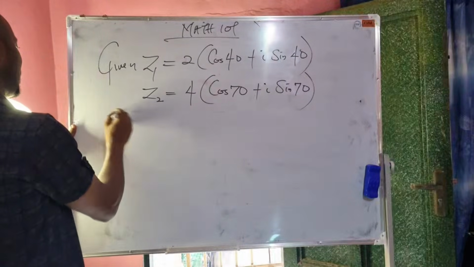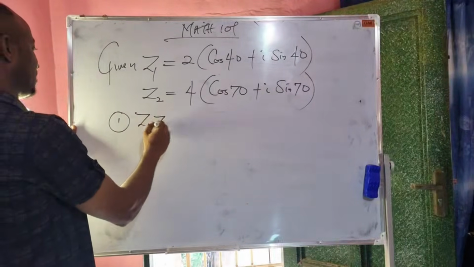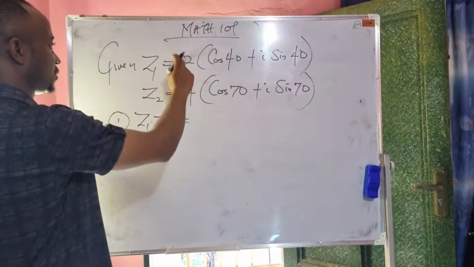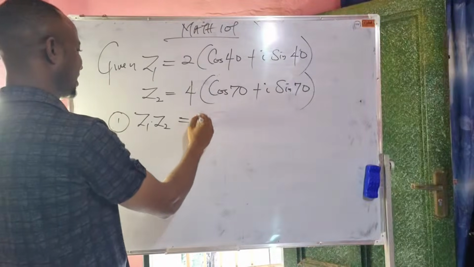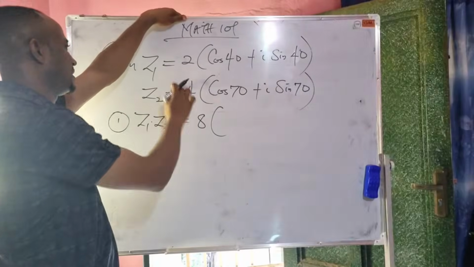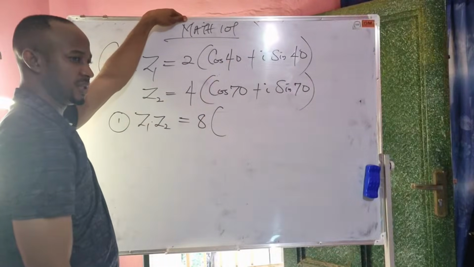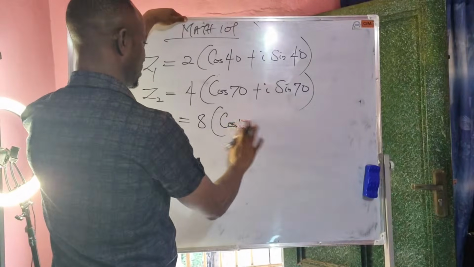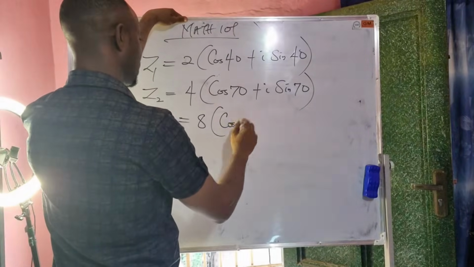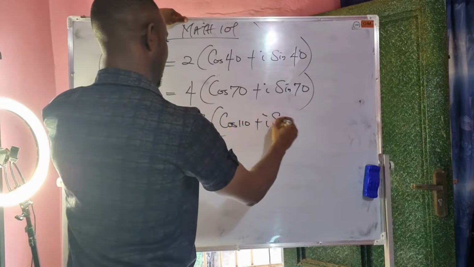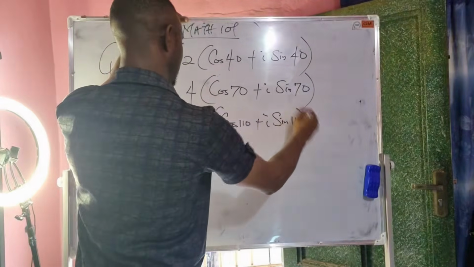To find, let's say, Z1 times Z2, what we do here is multiply the moduli, right? 2 times 4 is simply 8 in brackets. Then the rule says, after multiplying this, we add up the angles. That's what the rule is saying. So cos 110 plus i sin 110.